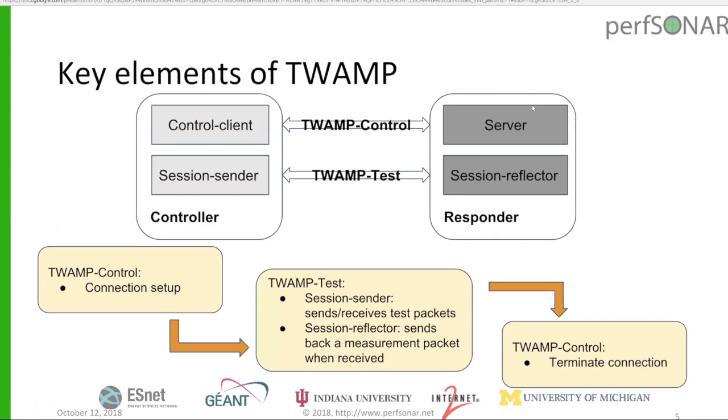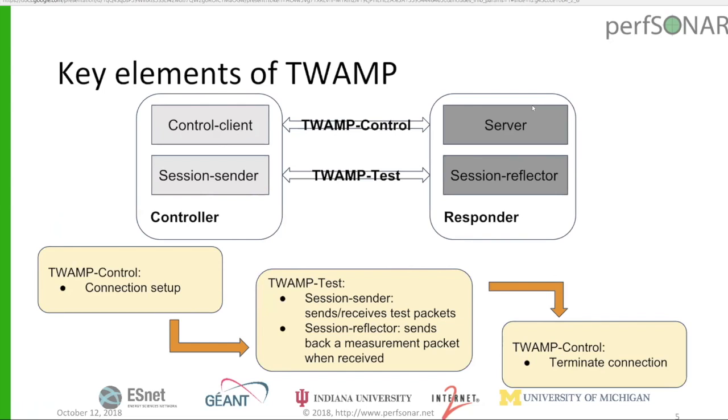So if we look at the key elements of TWAMP, which are depicted in the upper part of this picture, there are two key components, in fact. These are the endpoints, the so-called controller and the responder, and there are protocols. Each of them has a specific role in the measurement process.